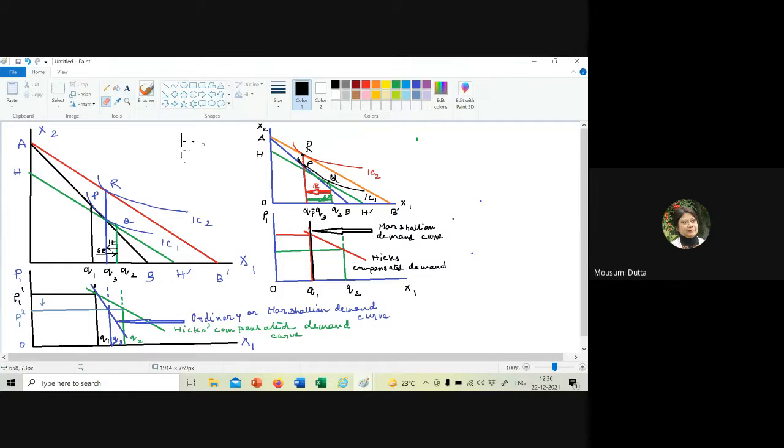Finally, we will consider a case where the income effect will be stronger than that of the substitution effect. Income effect will be stronger than that of the substitution effect.